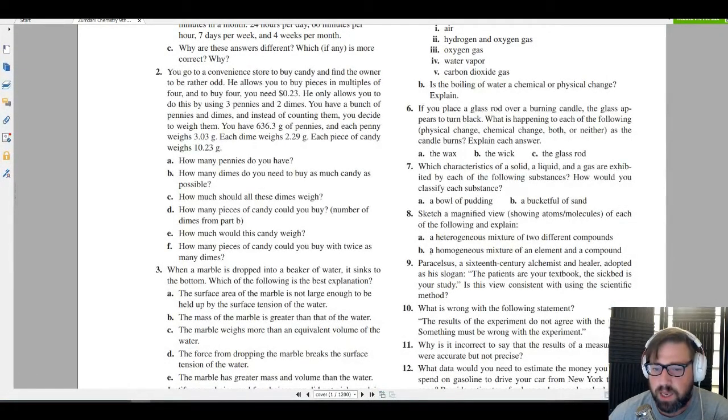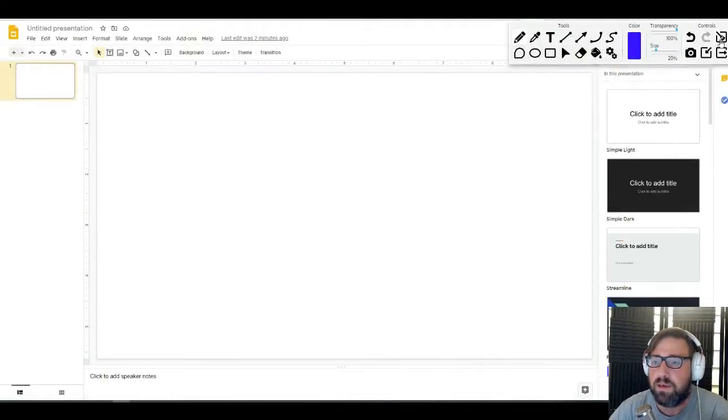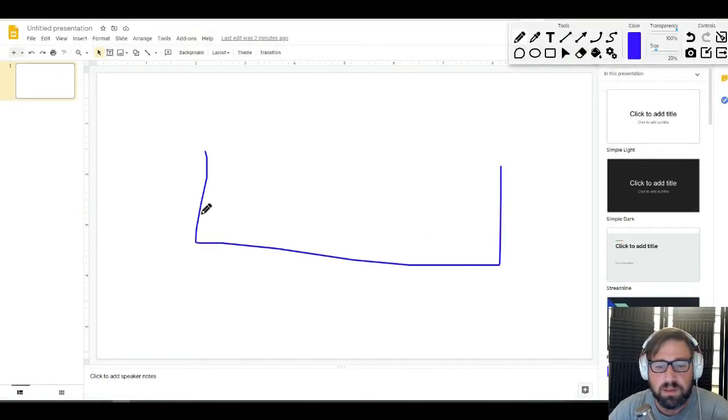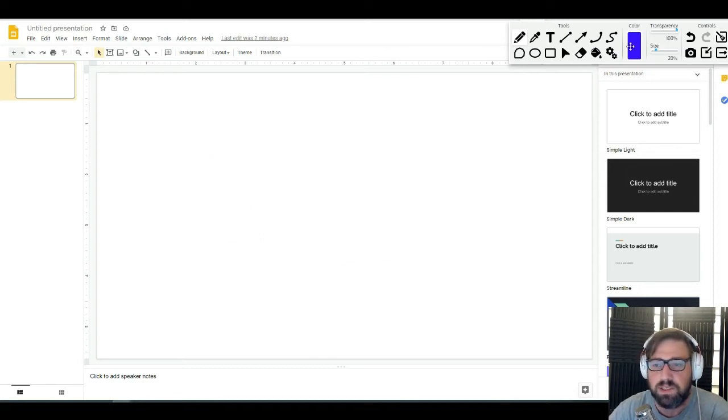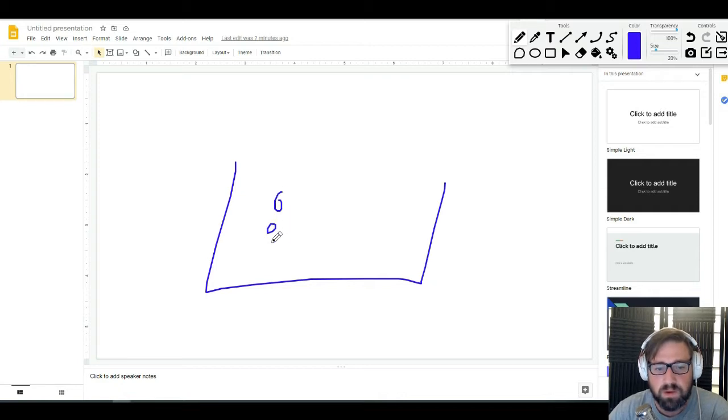Next one. A homogeneous mixture of an element and a compound. Ah, geez, they wanted to do compounds. So to go back, I already got rid of it. If they're wanting compounds, they're going to want two things together. Let me redraw. So this is going to be part one of my compound.